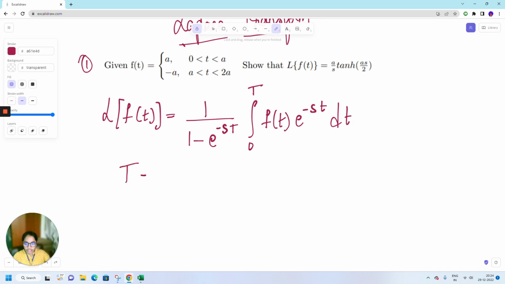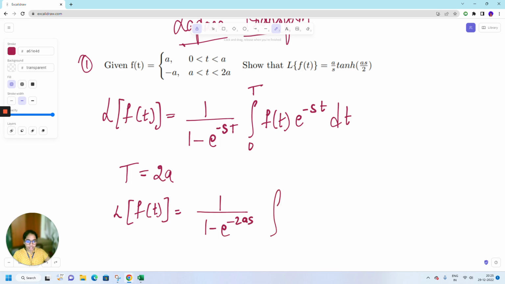So that would be our capital T. So let me substitute that. Laplace of f of t is equal to 1 divided by 1 minus e power minus 2as, integration from 0 to 2a of f of t e power minus st dt.